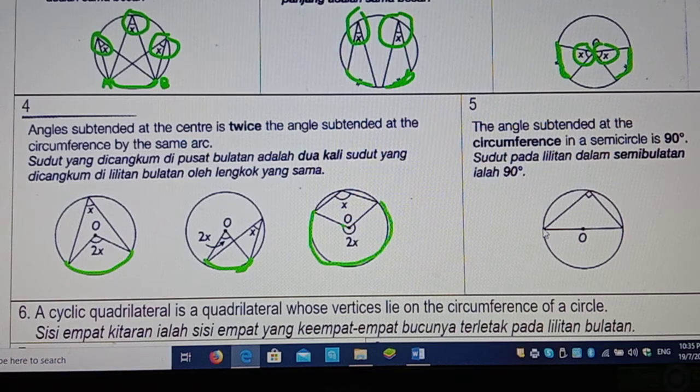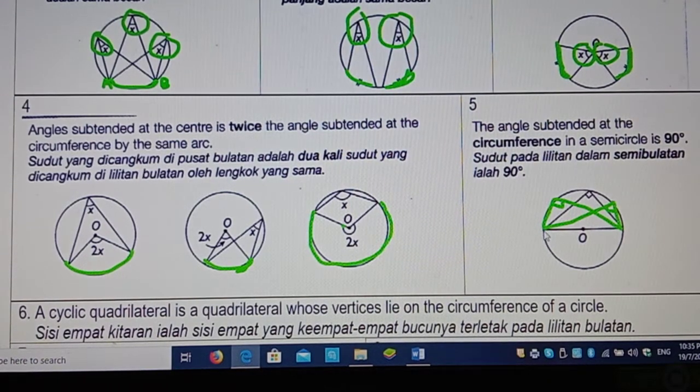So whenever you draw a triangle in the semicircle, which the vertices touch the circumference, the angle at the circumference is 90 degrees. Same thing if you draw here, also 90 degrees. Okay, if you draw here, also 90 degrees. So angle subtended at circumference in semicircle is 90 degrees.